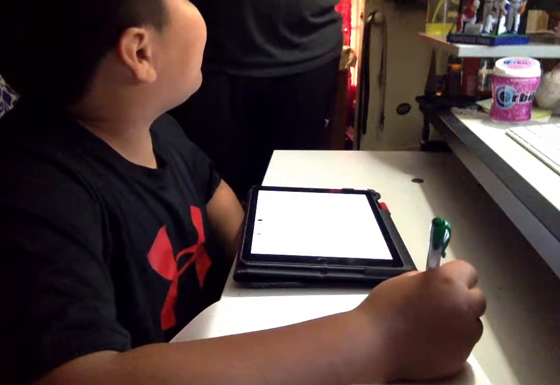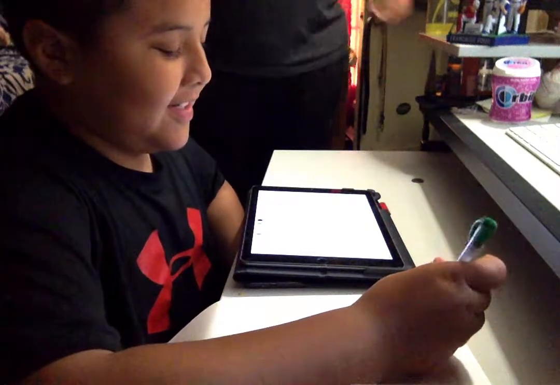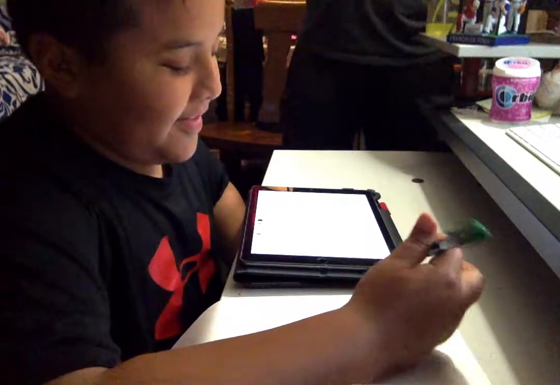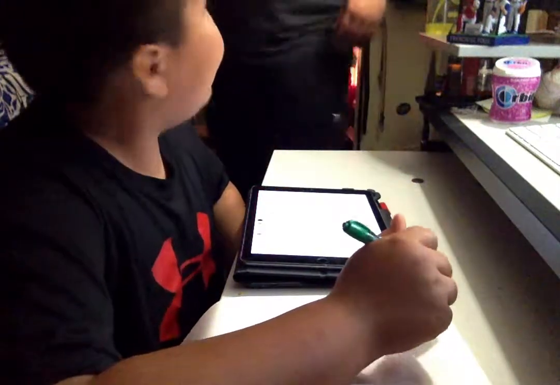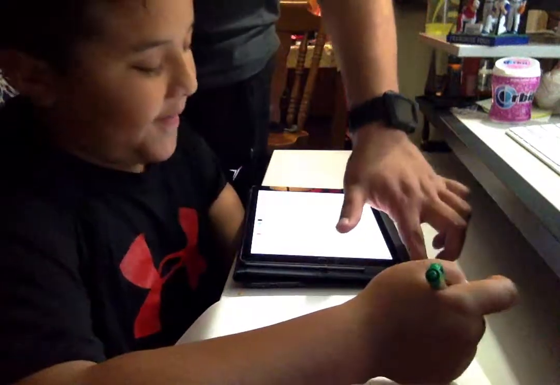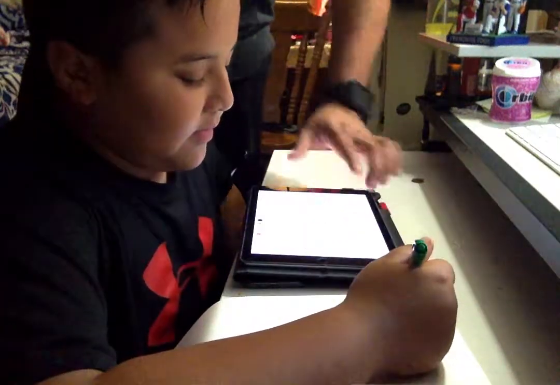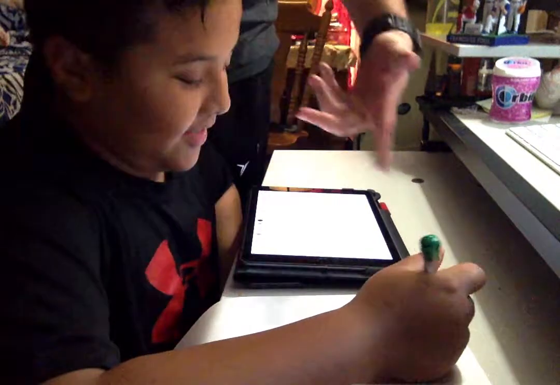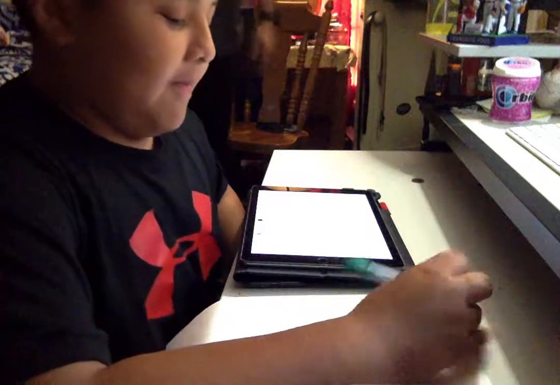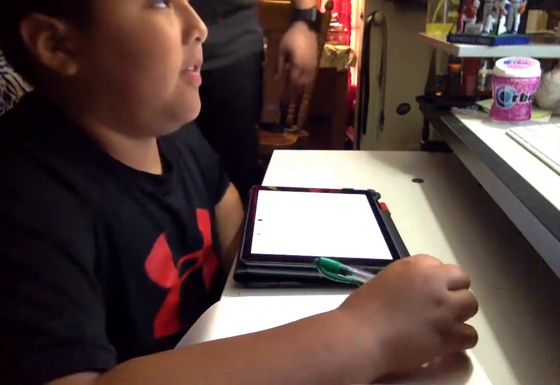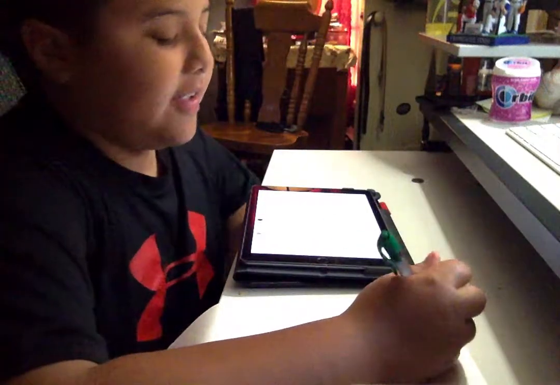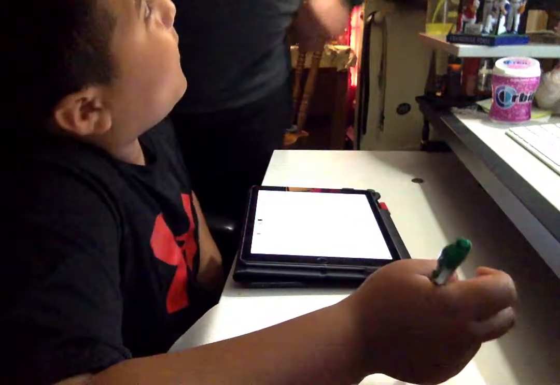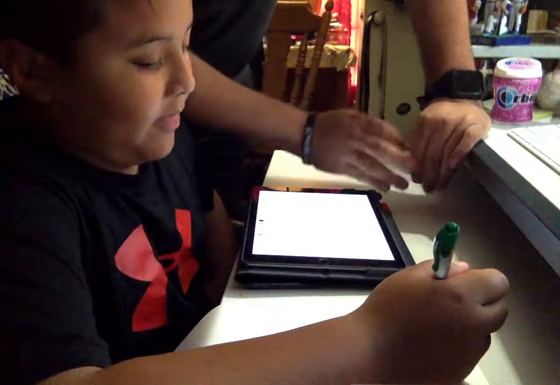Okay, so what step goes next? Add 25 to 6, because you're going left to right. Yeah, but check down here. What comes first, addition or subtraction? Addition. That's what you're going to add first. What's 6 plus 25?